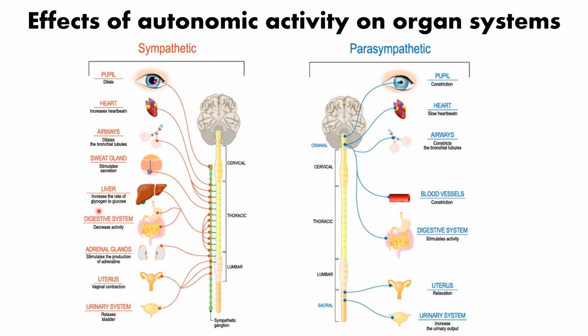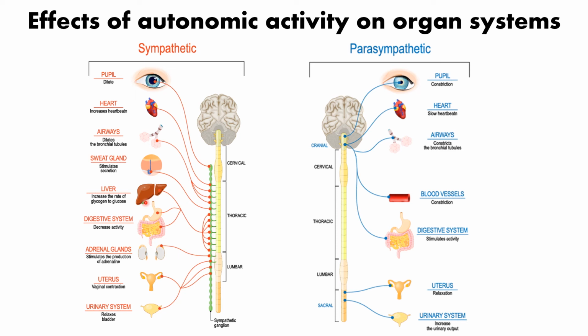So moving on, our liver here. I said this earlier, I think. Again, the liver is just innervated by sympathetic nerves. When the sympathetic nervous system is triggered, the liver then increases the rate of glycogenolysis. Glycogenolysis is basically just the breakdown of glycogen to glucose.